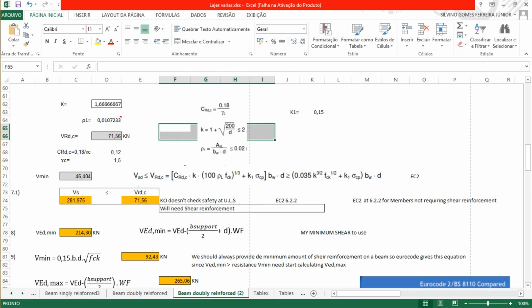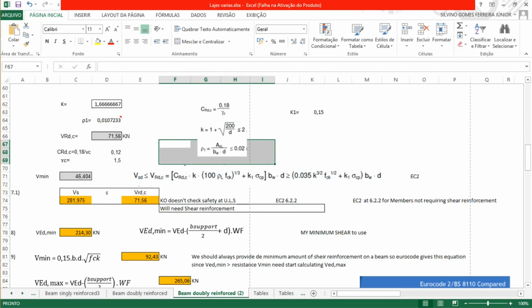So now we calculate the rho, given by this equation. This rho is basically the longitudinal steel we are using close to the supports, because we are first looking at the stirrups we need at the supports, and close to the supports it's 50% of that steel.